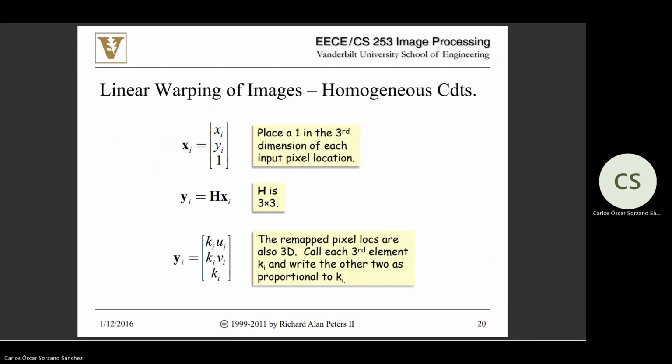Okay, so in the input space, we will use this homogeneous coordinate with 1. In the output space, we will use this homogeneous coordinate with k. And this k we will have to solve. So this one is fixed, but this one will be free.